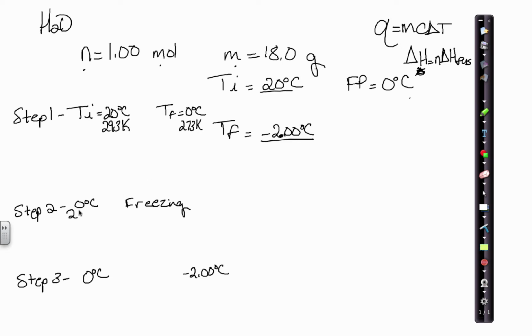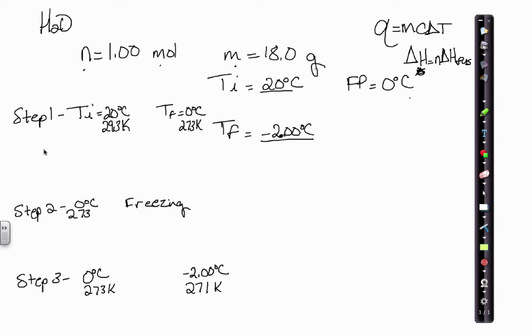It should be 273 too, although that does not matter at this point. All right, so this 0 would be 273 Kelvin, and -2 would be 271 Kelvin.